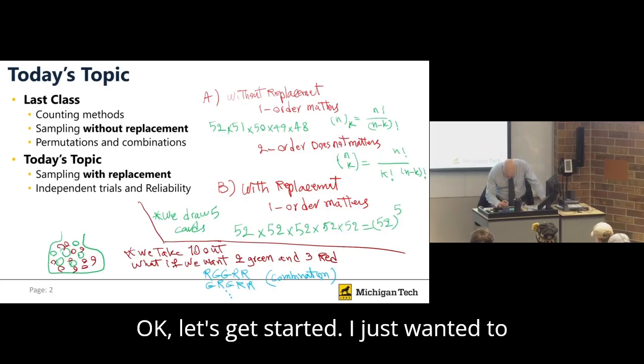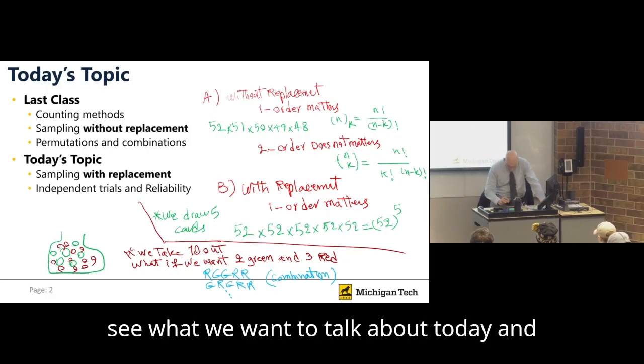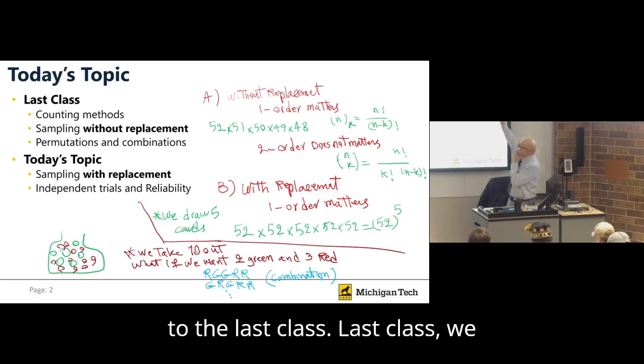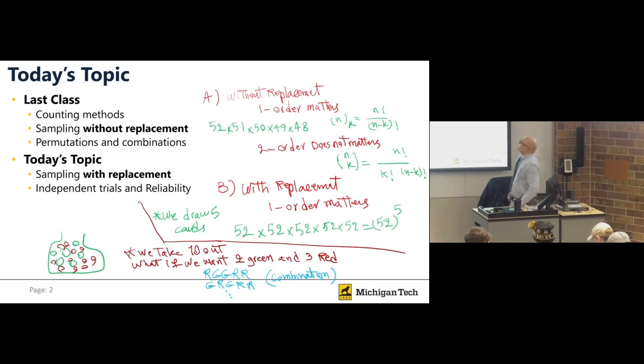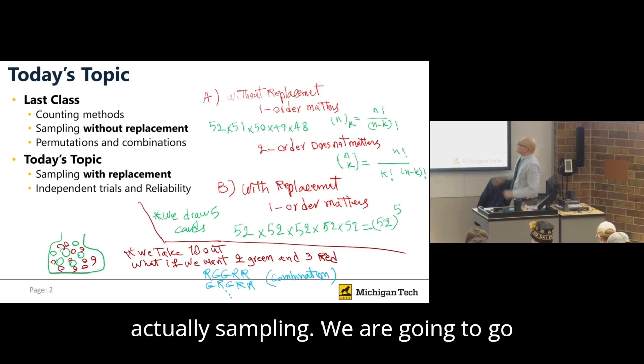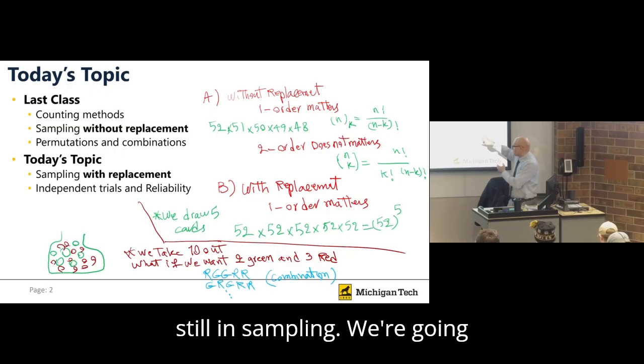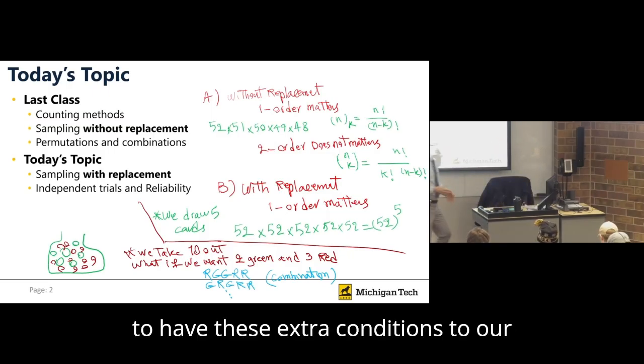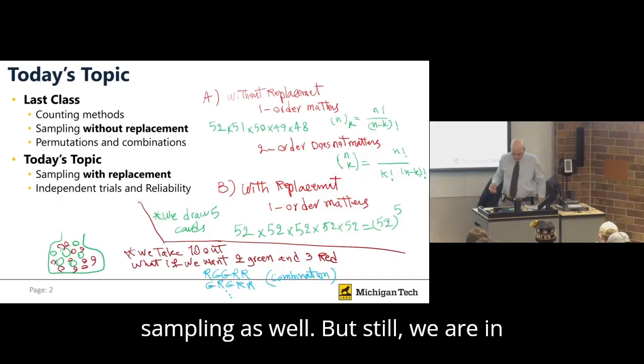Okay, let's get started. I just wanted to see what we want to talk about today and how we can connect it to the last class. Last class we did some actual sampling. We are going to go still in sampling, and we're going to add these extra conditions to our sampling as well.